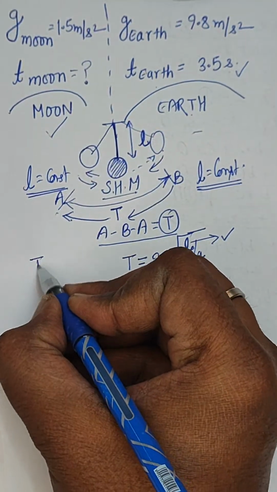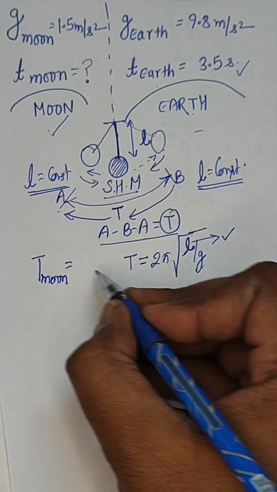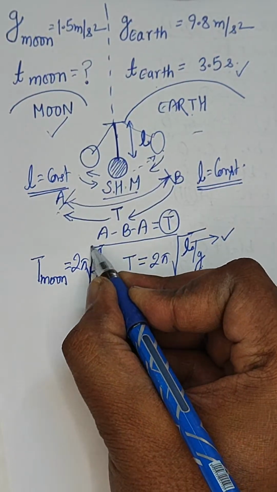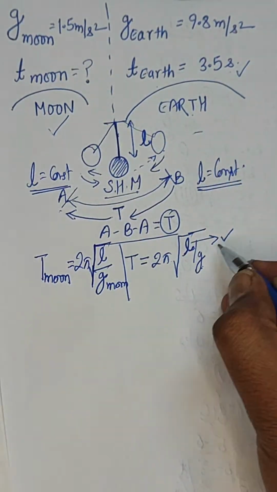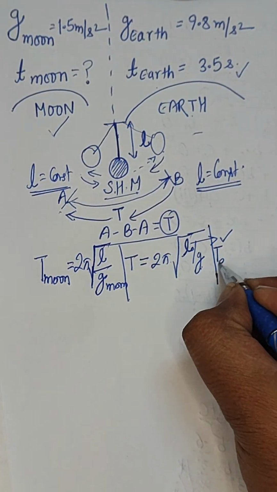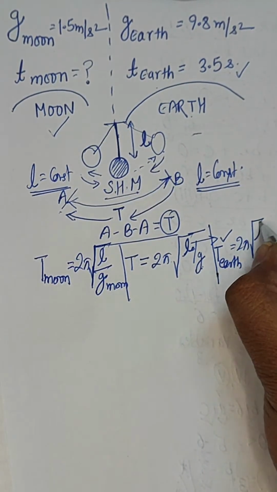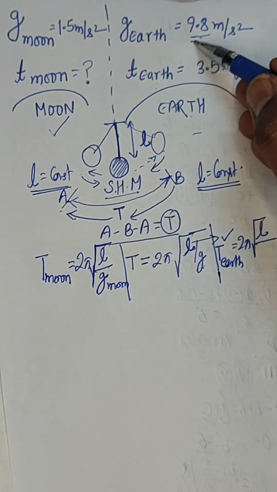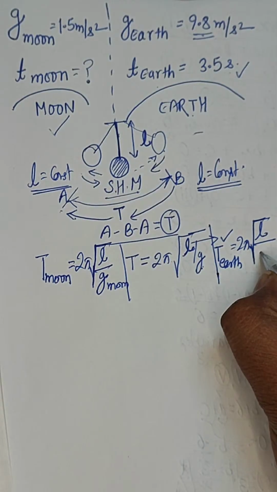So the time period of oscillation on moon will be equal to 2 pi root over L divided by g of moon, the acceleration due to gravity of moon. When oscillating on earth, it will give 2 pi root over L by g, but the acceleration due to gravity of earth is given as 9.8 meter per second square, so just put in this value 9.8.